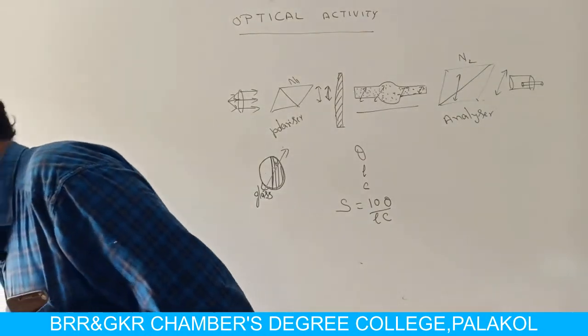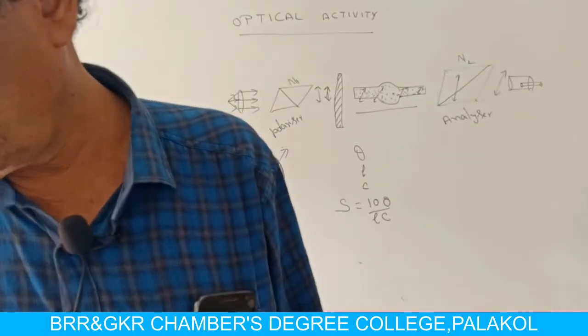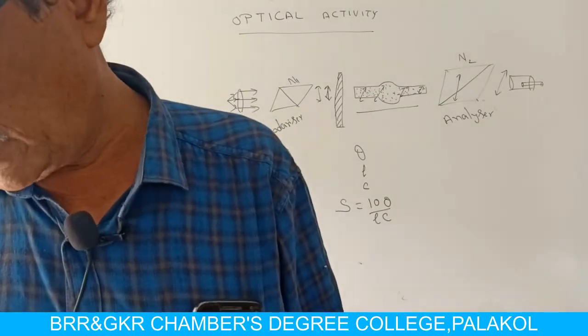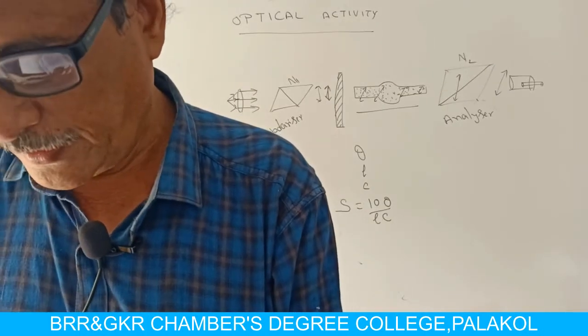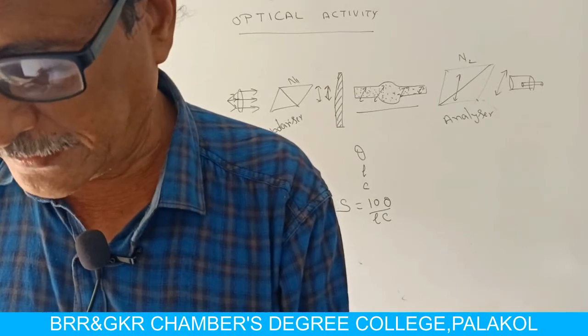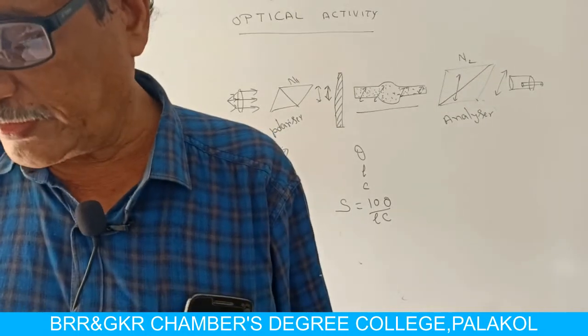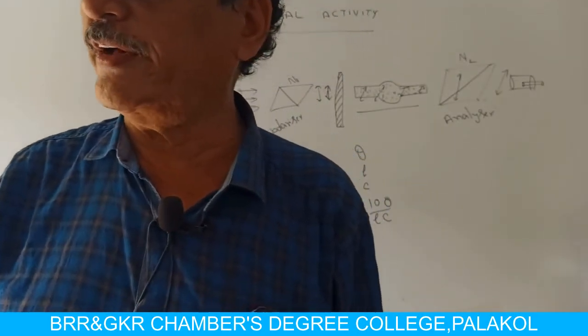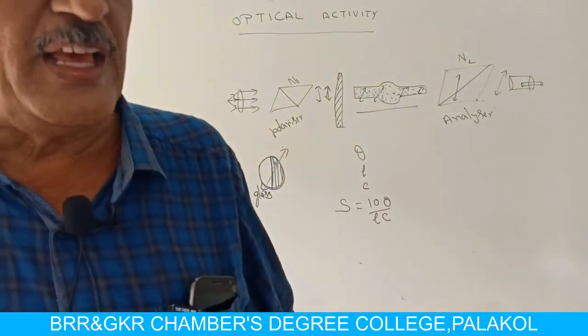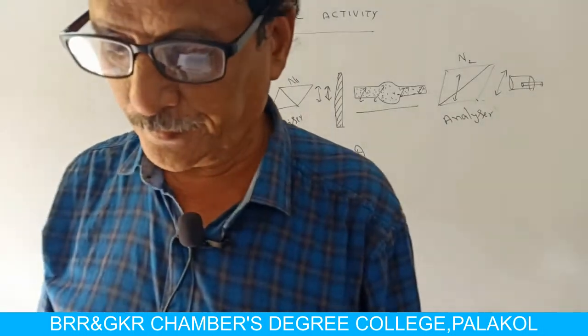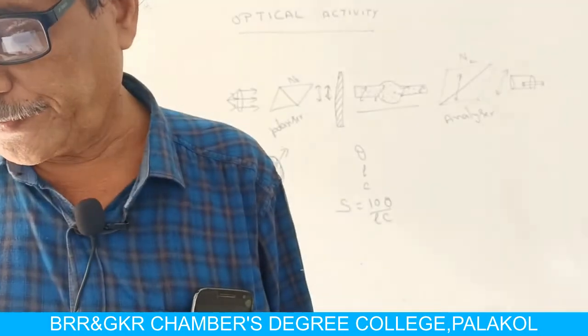So, by this, the chapter polarization is completed, because the rest of the things are not included in our syllabus. We deal with the topics which are mentioned in the syllabus only.